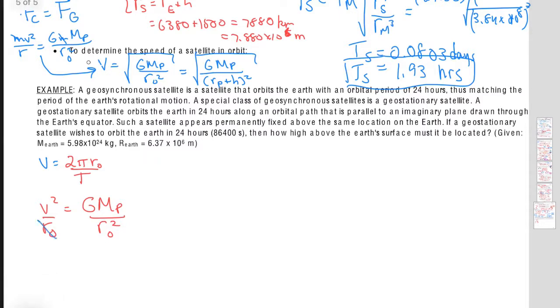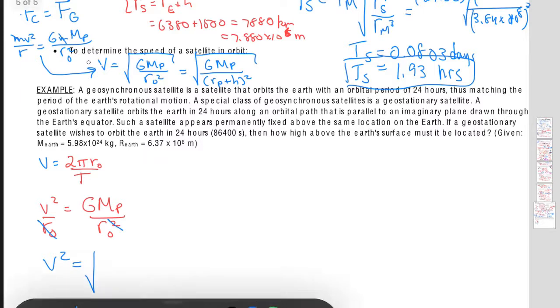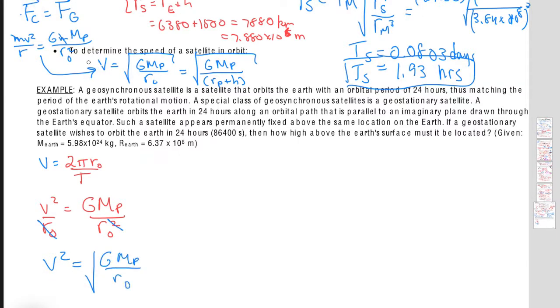So this is going to cancel that, and this is where I get v squared equals, in fact, I messed this up here. This should not be squared in the denominator. It should be just to the first power. So I'm going to get G mass of the planet over our orbital radius.